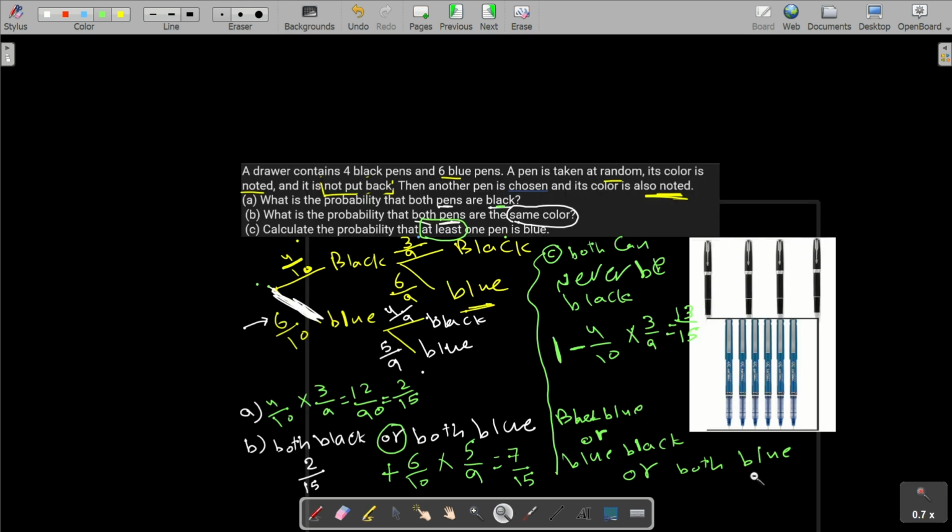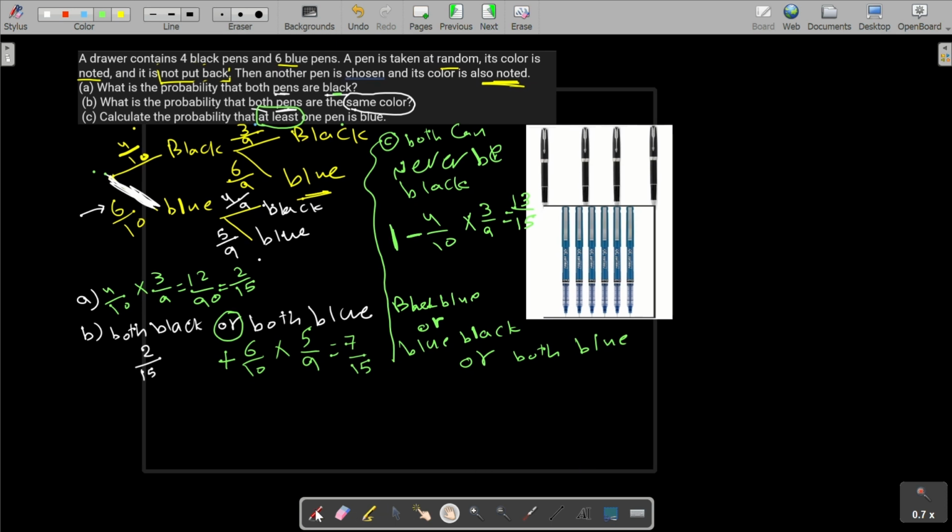Using this black and blue, or blue black, or both blue, we will form our equation. So black or blue, which means 4 over 10 multiply 6 over 9, or means plus blue and black. So blue and black, this is 6 over 10.